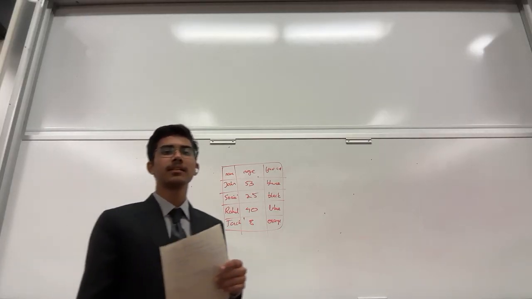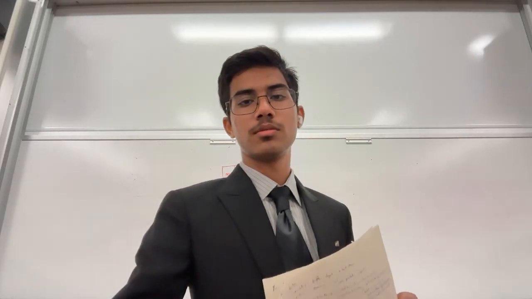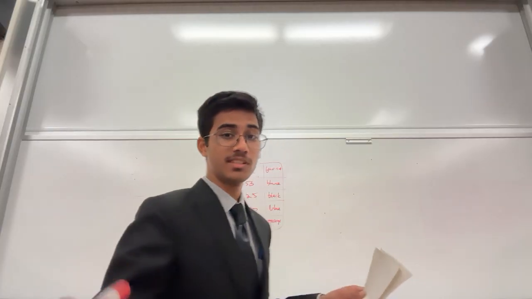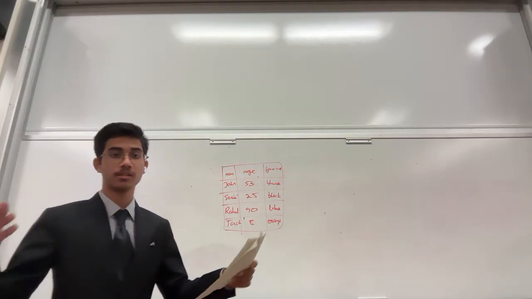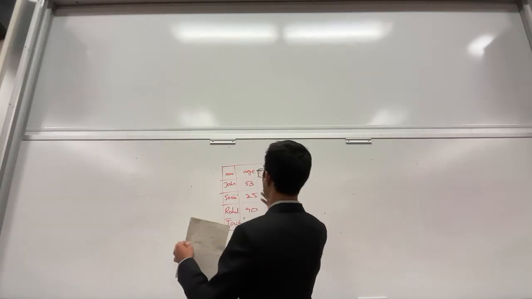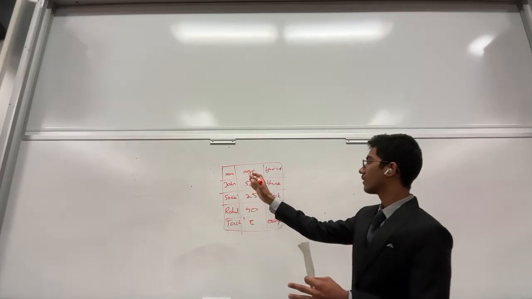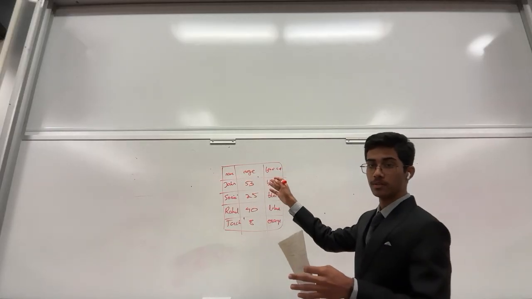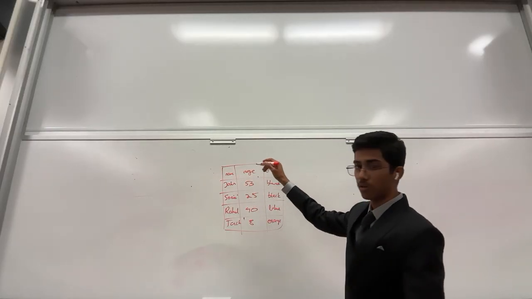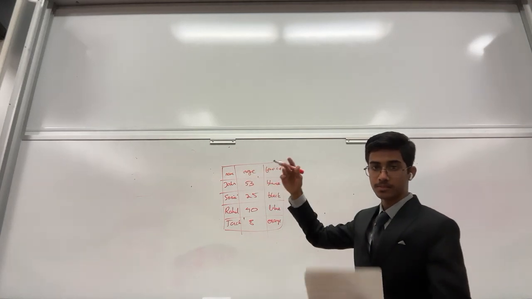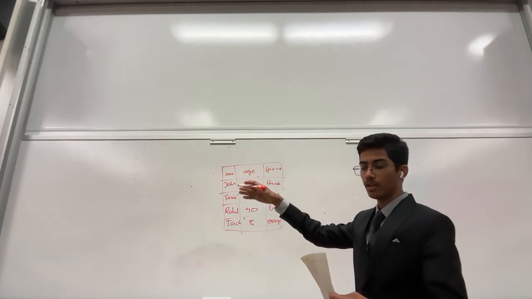So let's break this down into easily shareable data. The advantage of a table is that we have columns and rows, and that helps us segregate them easily.